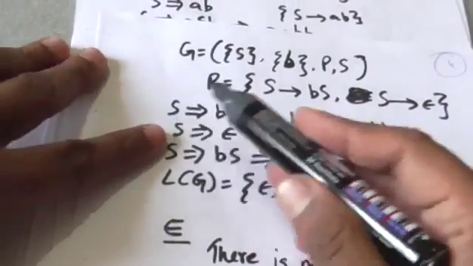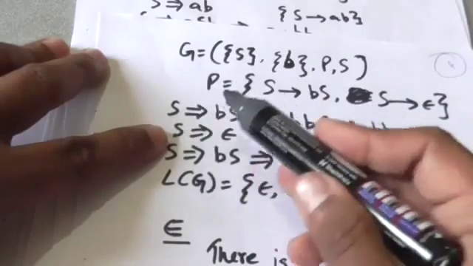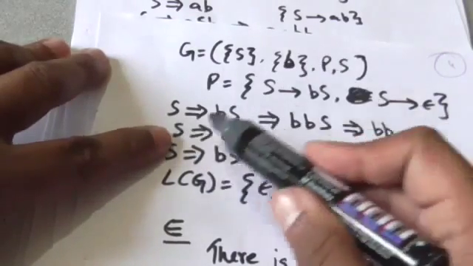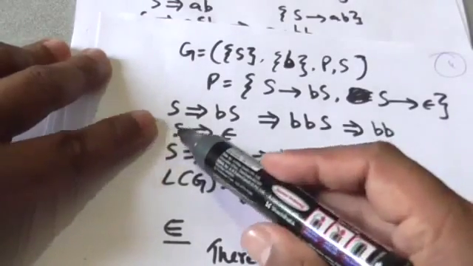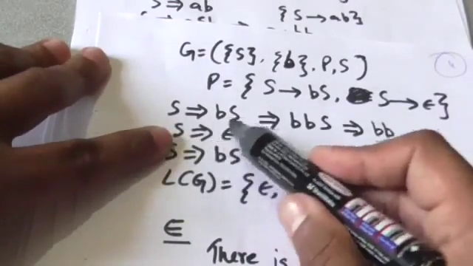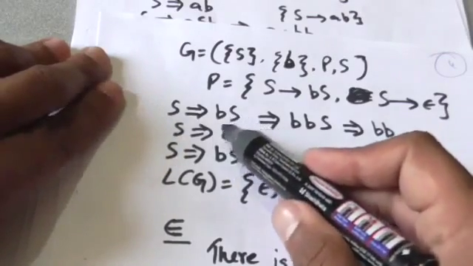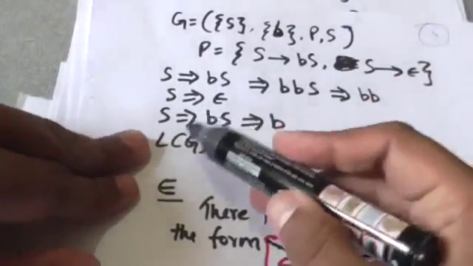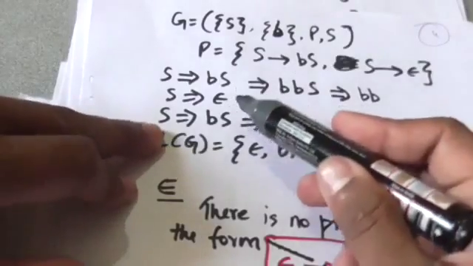Here there is another derivation. As we should start from S, I have started from S. I have applied the production rule S derives empty, so S is replaced by empty. So the empty string should also be present in the language of grammar G. Now let us derive another string of terminals.